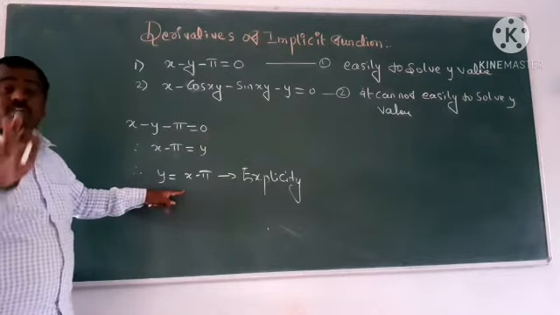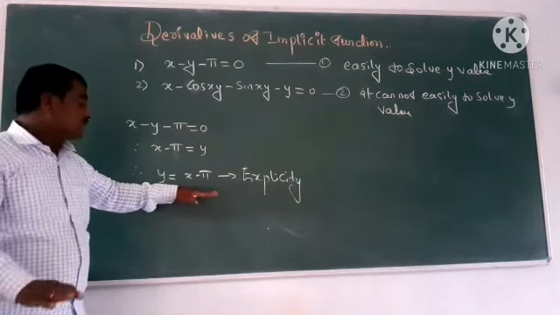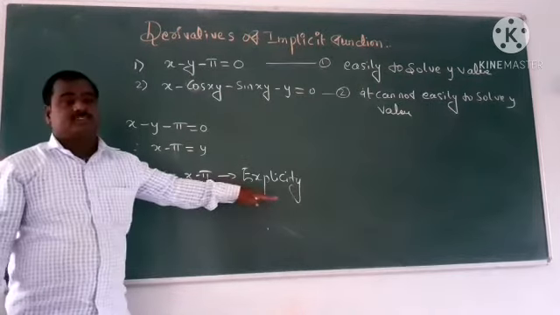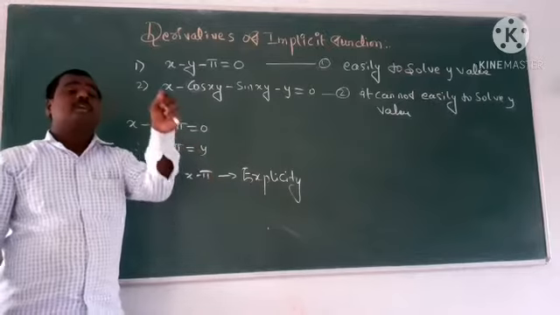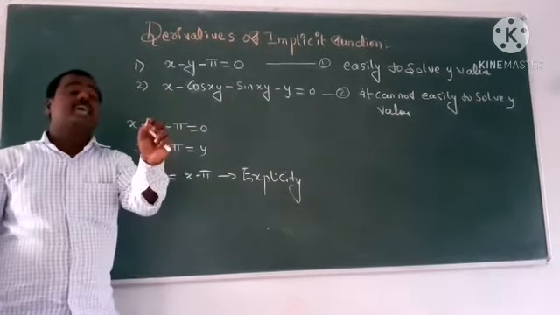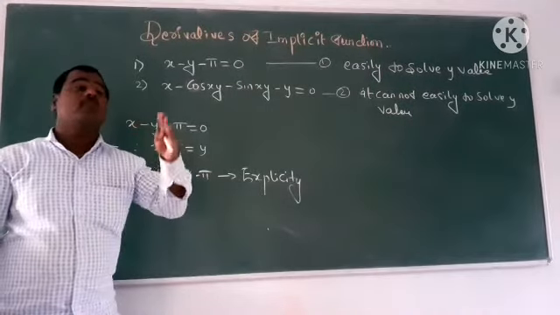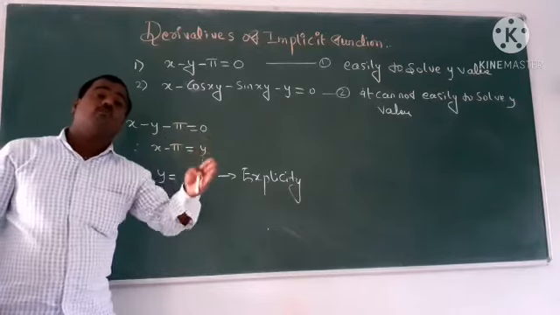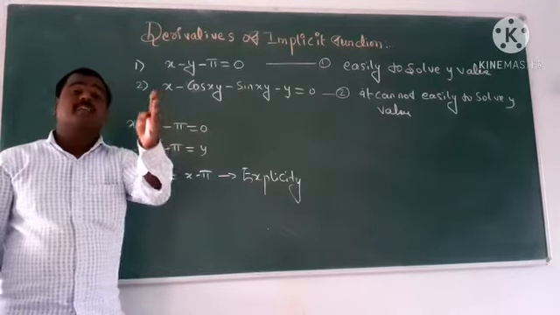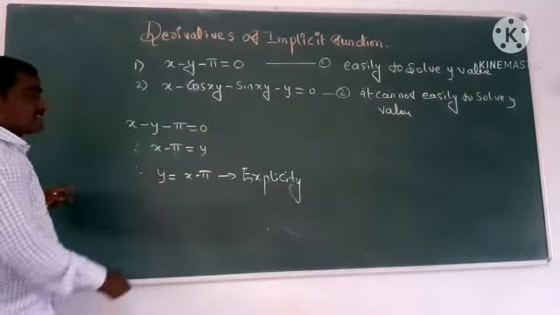The expression that is easy to define for y is called explicit. Keep in mind: easily expressed for y, easily solved for y, that is called explicit. Clear, everyone? So next one.